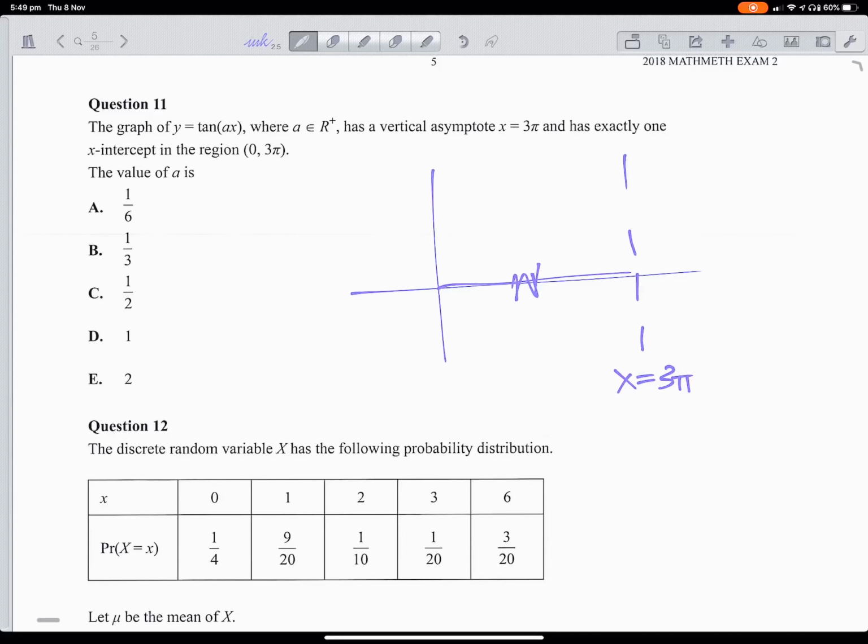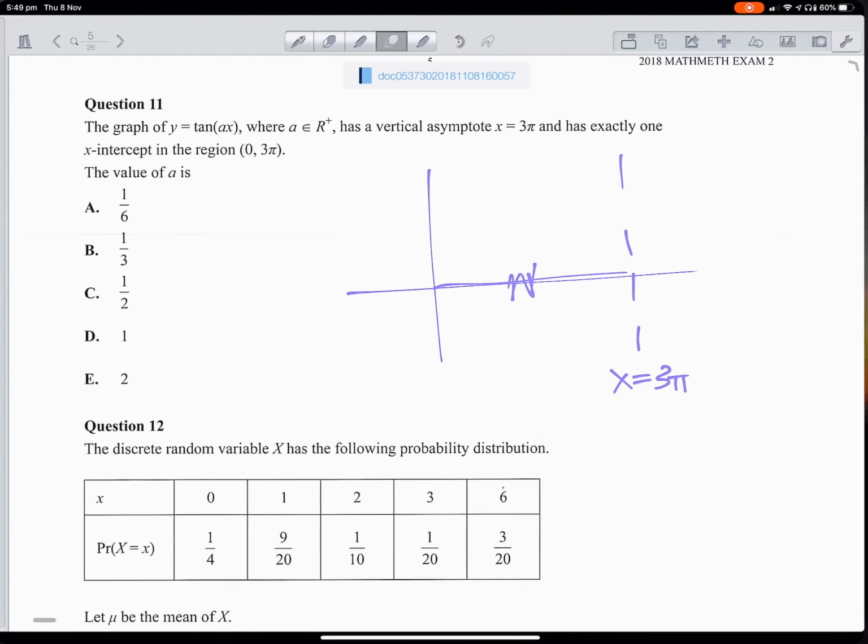It hasn't been translated left or right. The period has to be 6 pi, or at least greater than 3 pi. So I'm going to go tan ax and then change the value of a and see what occurs. And I'm going to sketch x equals 3 pi as well.